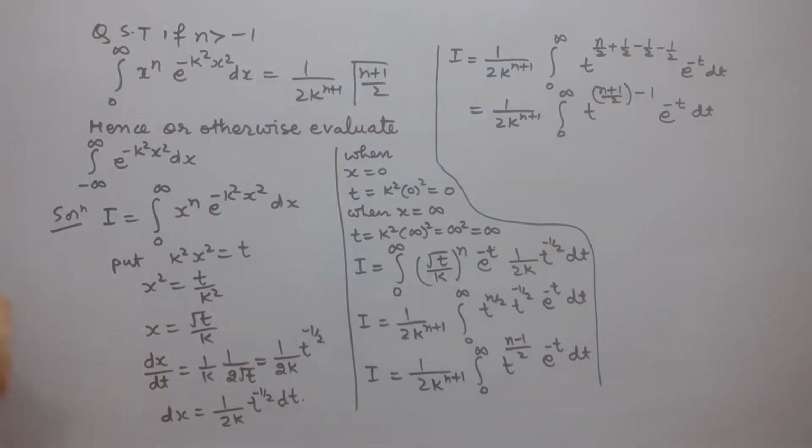By the definition of gamma function, we know that gamma n is equal to the integral between the limits 0 to infinity of x to the power n minus 1 multiplied by e to the power minus x dx.